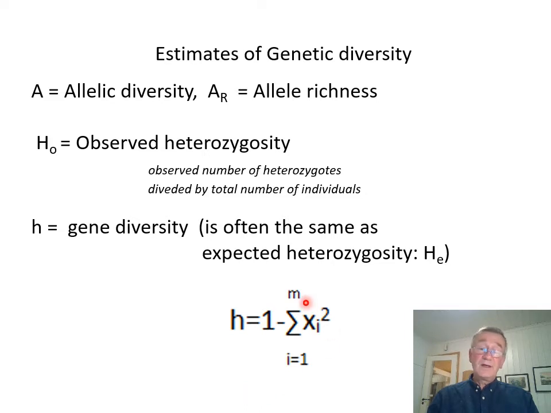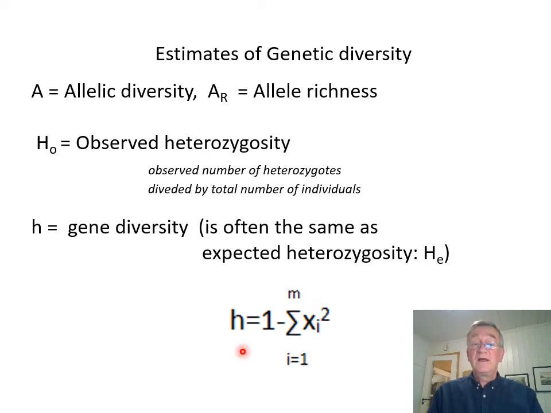And what we are doing here is saying that the expected heterozygosity frequency is 1 minus the expected homozygous frequency. You see alleles from 1 to m, and then we take the frequency of a given allele and square it, and we do that for all the alleles and sum that, and then we take 1 minus this sum.